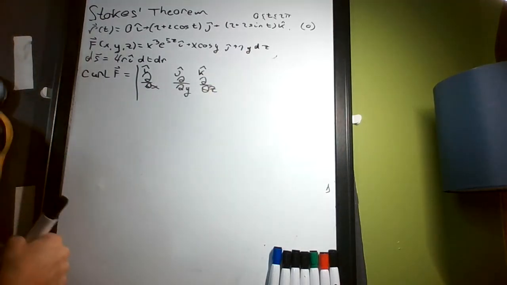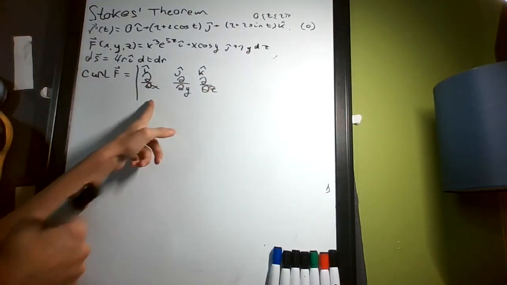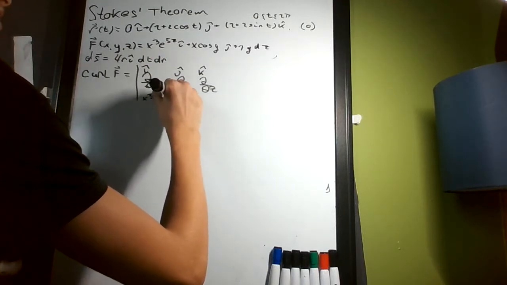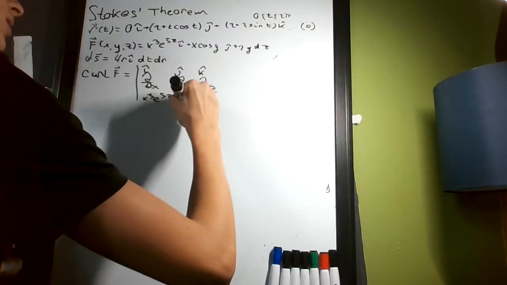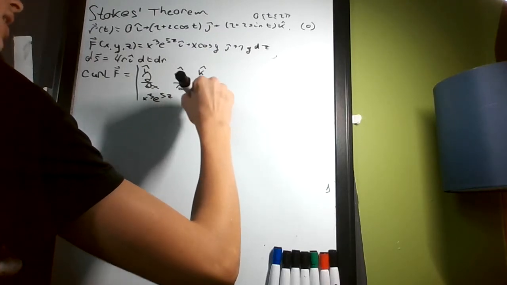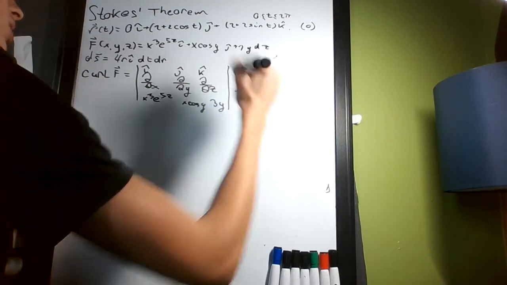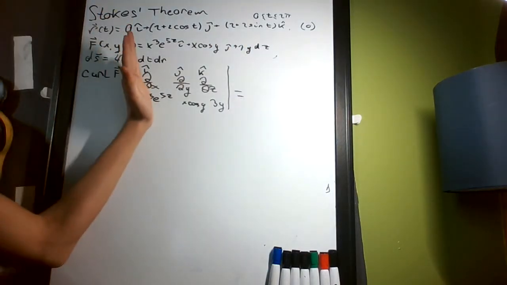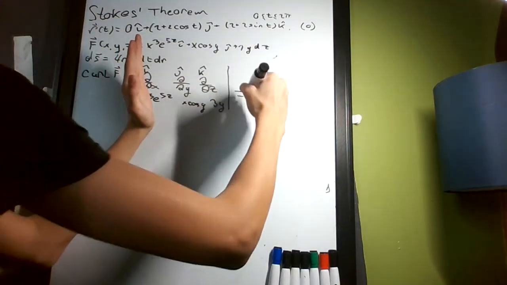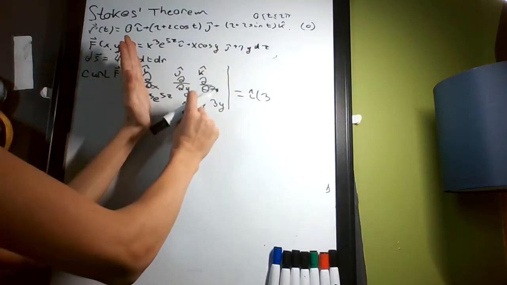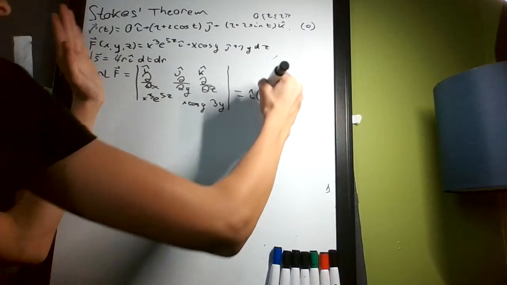We have the x component, x cubed e to the 5z, and here x cosine y, right here 3y, even though it doesn't look like it. For the i part, d/dy of that is going to be 3. And d/dz there, there's no z there, so it's going to be 0.